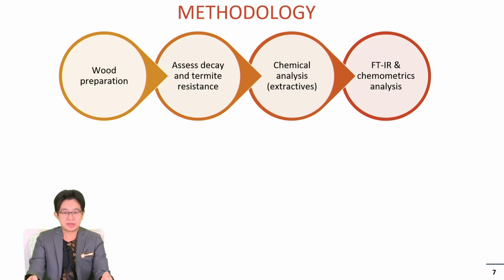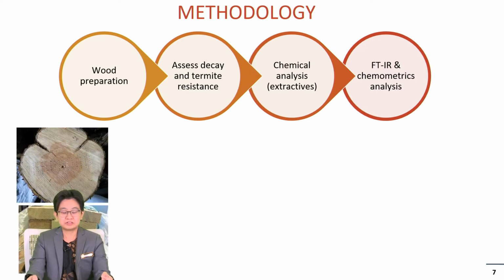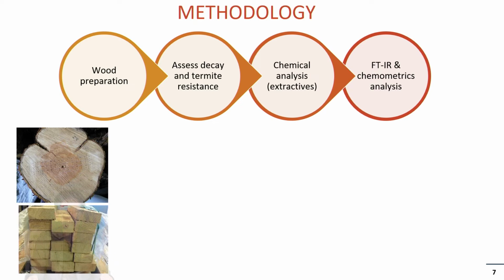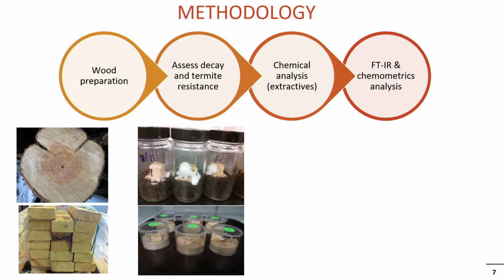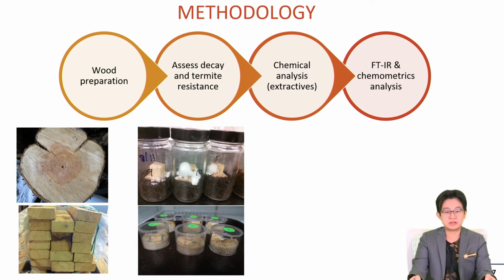For our method, the wood species that we use are the Alaskan yellow cedar and the western juniper that we obtain from wood discs and also from processed wood timber. These samples were then converted to smaller pieces where we will assess the decay and termite resistance using a standardized method in the lab.